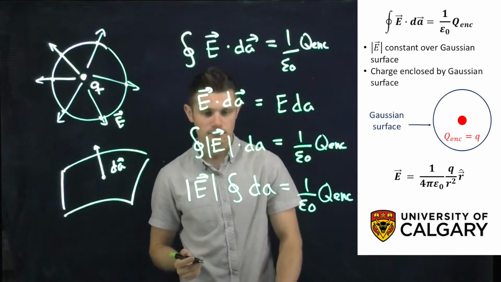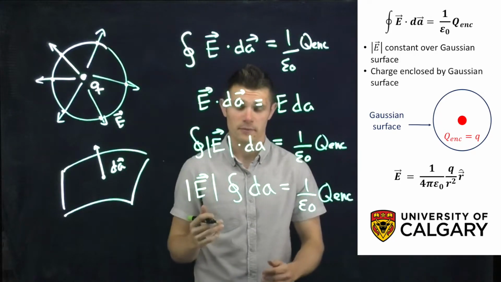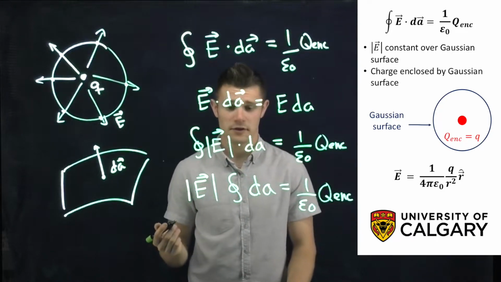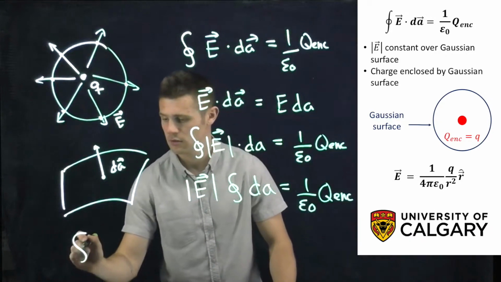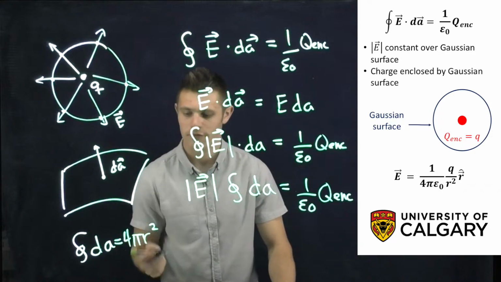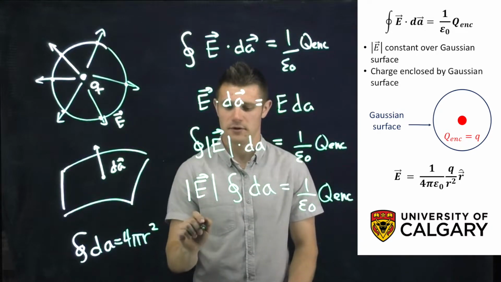In this way. Now we're going to take it one more step further and know that the closed surface integral of a sphere is simply 4 pi r squared, the surface area of the sphere.